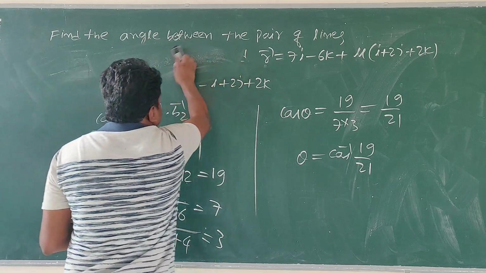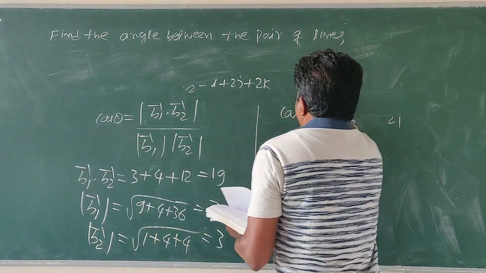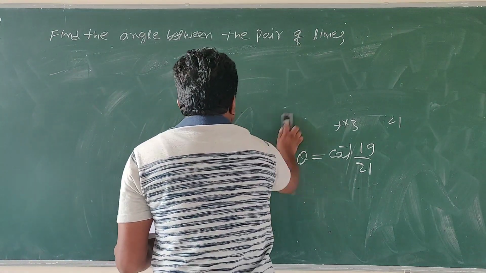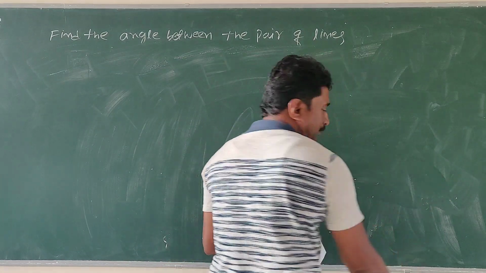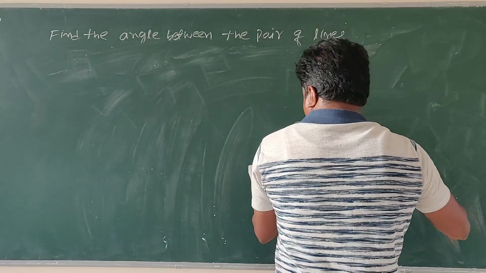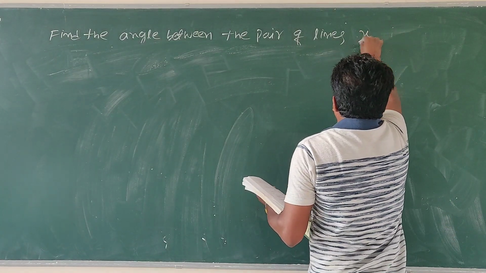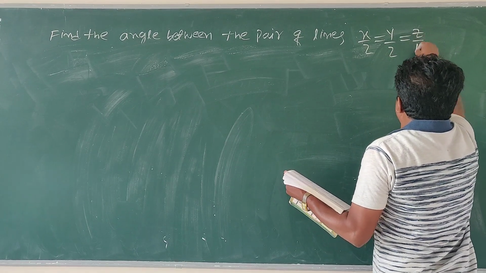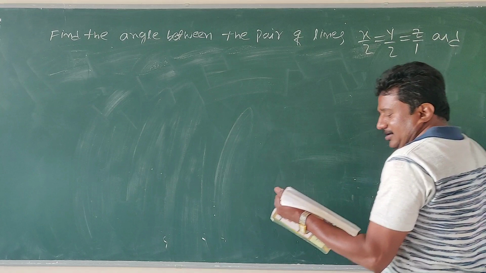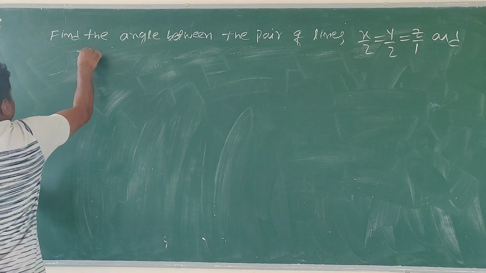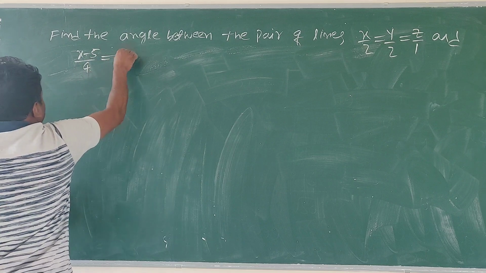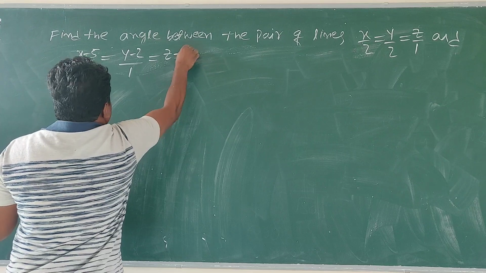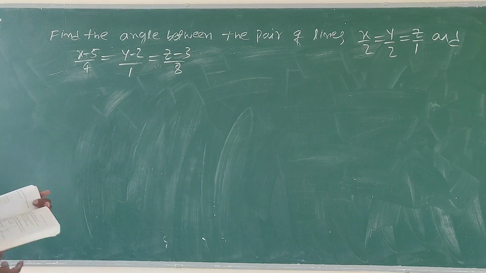Write the first one: x by 2 is equal to y by 2 is equal to z by 1, and x minus 5 by 4 equals y minus 2 by 1 is equal to z minus 3 by 8.